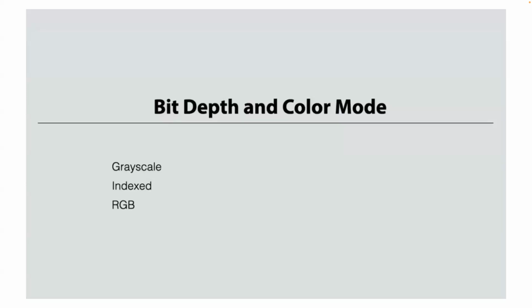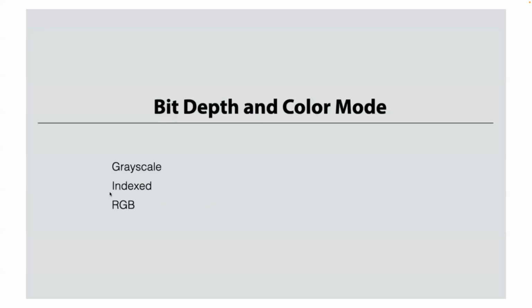Every pixel has 256, if it's 8-bit, that's 256 shades of gray to choose from. And that's pretty good. You can make some really amazing imagery with an 8-bit grayscale image. It's kind of enough.